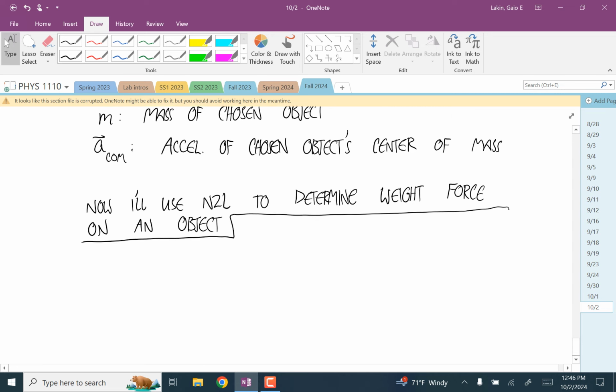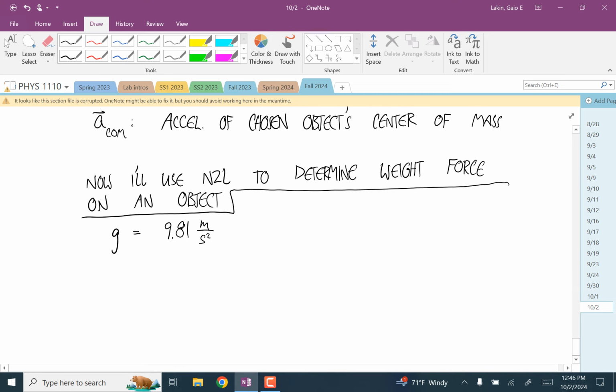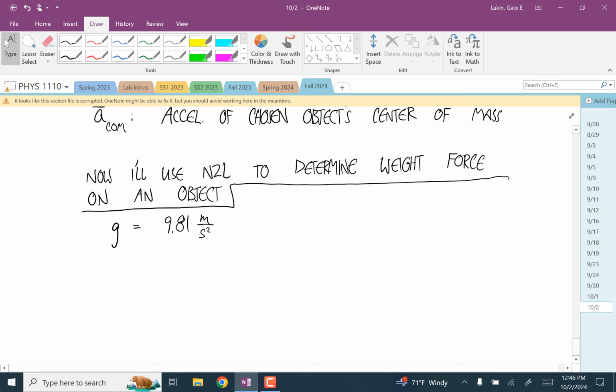And as I do this, just as a notation to simplify writing, I'm going to define lowercase g as 9.81 meters per second squared. So you could write that in different units if you did a conversion, you could write it in feet per second squared or whatever. But that's what g is. And let's think about a 1 kilogram object in free fall.